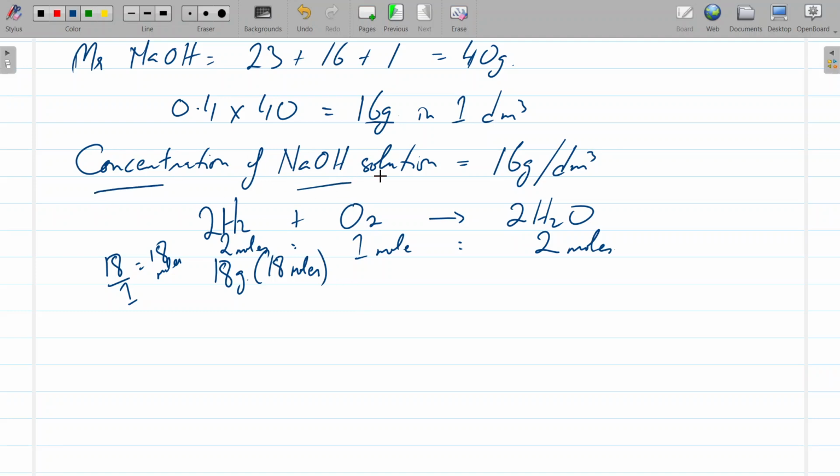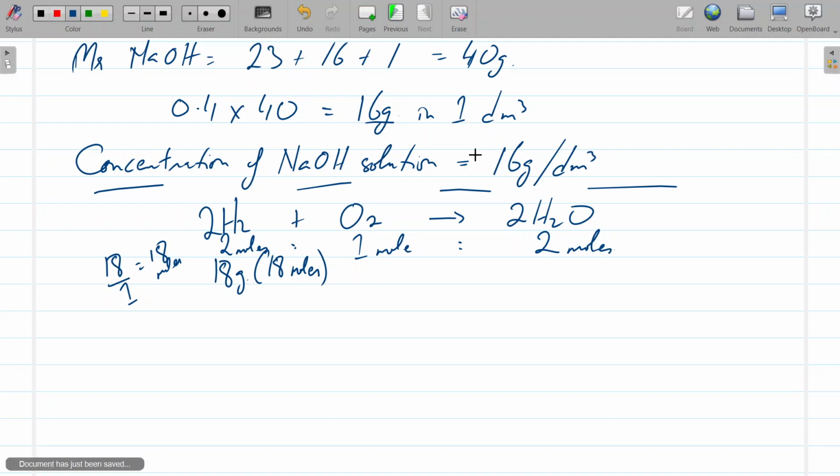One mole? Look at the ratios. 2:1. So you're using twice as much hydrogen as oxygen. So if you're using 18 moles of hydrogen, 36? Why are you multiplying it by 2?